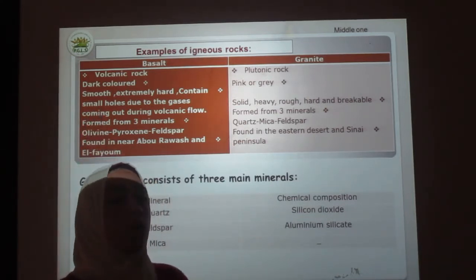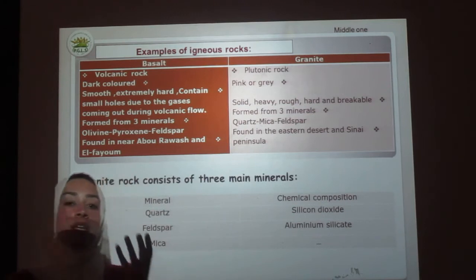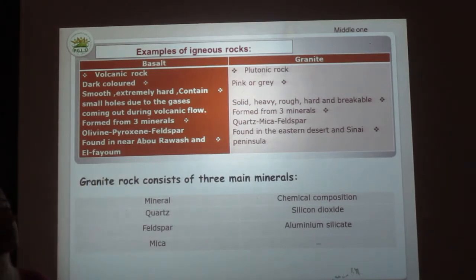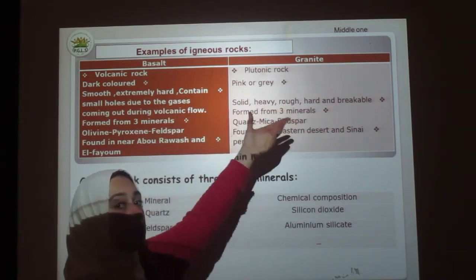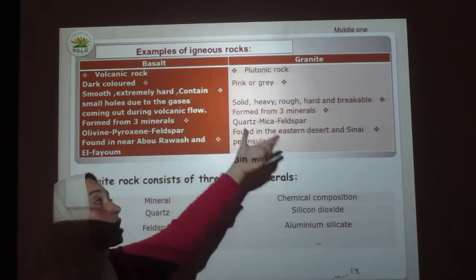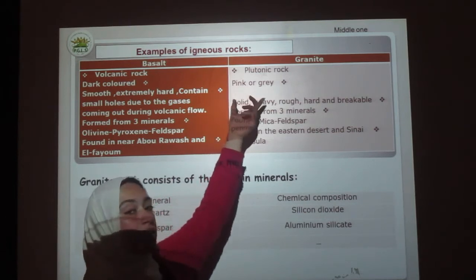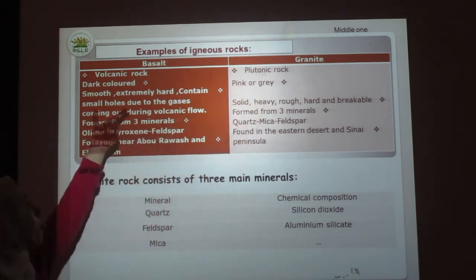Basalt is considered a volcanic rock. Its color is black or dark. In the opposite, we have granite. It is considered a plutonic rock. Its color is pink or gray.